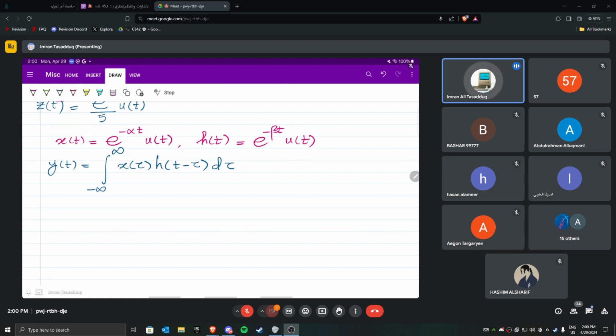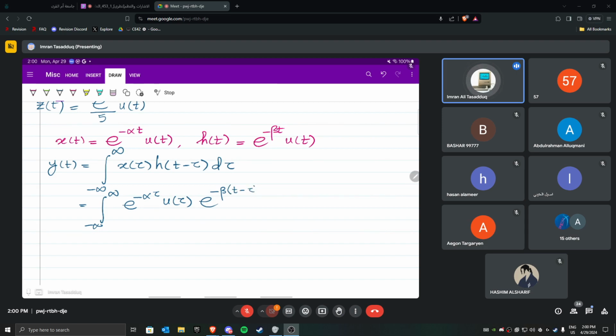Now we know that x of tau is going to be e to the power minus alpha tau. Just replace t by tau, u of tau, and h of t minus tau will be, wherever you see t, change it to t minus tau. So it is e to the power minus beta, brackets are very important.